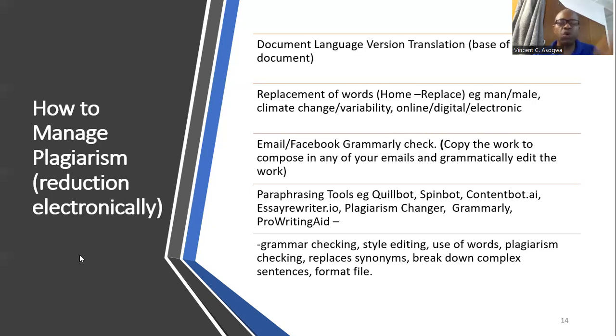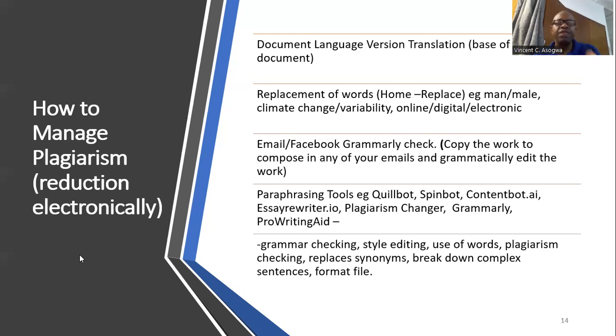They may replace some words with correct or better words. Otherwise, synonym substitution. They do it for you. Then plagiarism checking. They equally check if there's any similarity in what they are giving you with the internet. So if there is any, they change it automatically to make sure that anytime you check it, it won't be existing online.